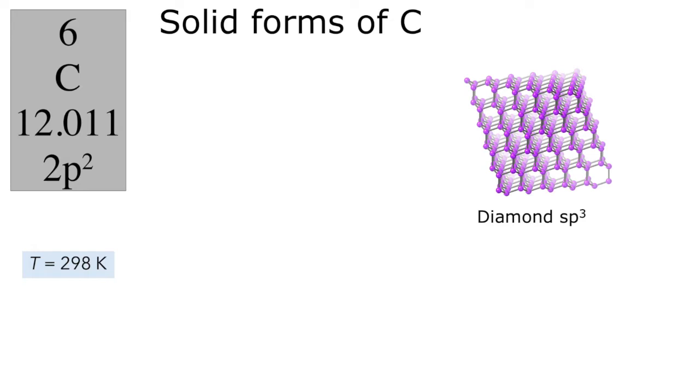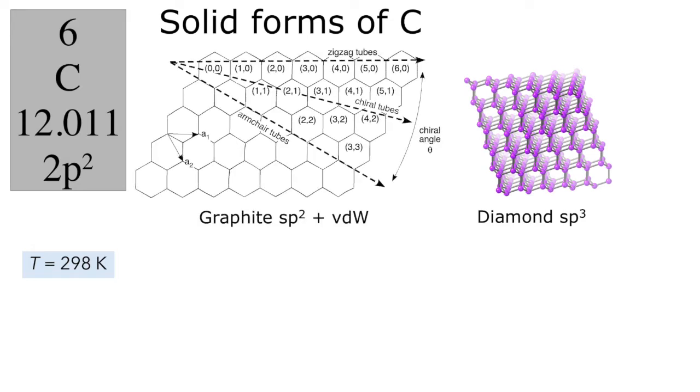So while diamond might be a girl's best friend, it turns out that graphite with sp2 hybridization is the standard state of carbon. These sp2 hybridized carbon atoms form hexagons, and those hexagons form planes. The planes are held together by simple van der Waals forces.